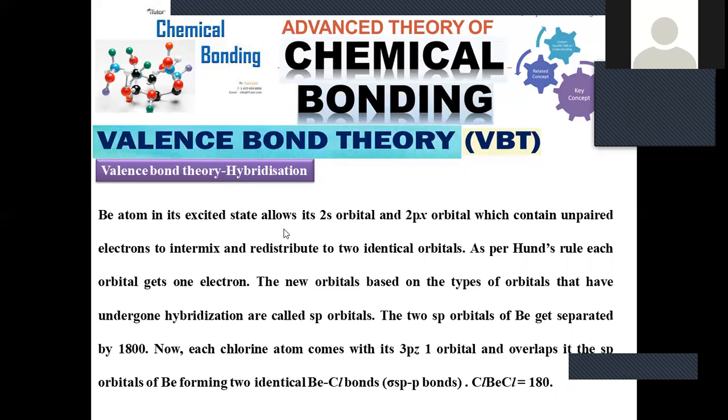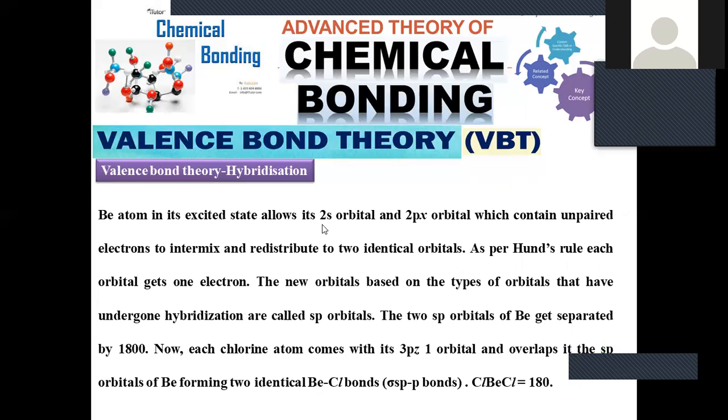Beryllium is in its excited state, the 2s orbital acquiring one electron, and 2px also associated with one more electron, containing unpaired electrons, and they will redistribute by intermixing, and identical orbitals are generated. As per Hund's rule, each orbital should get one electron, and only then is pairing of electrons required.